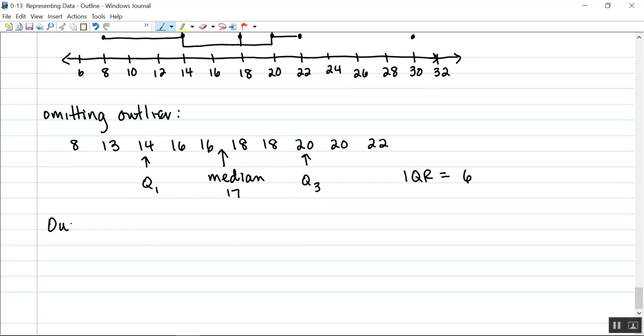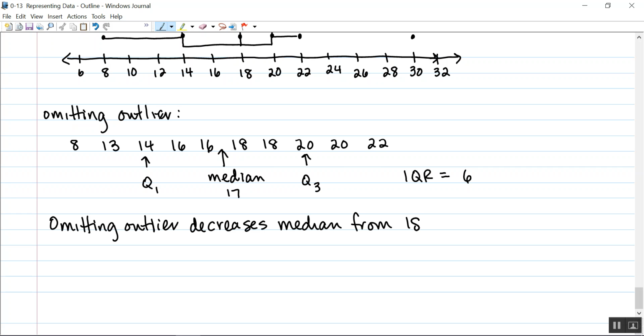Omitting the outlier decreases the median from 18 to 17, but does not change either my lower quartile or my upper quartile.